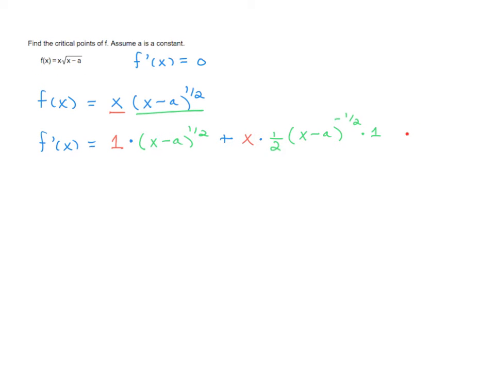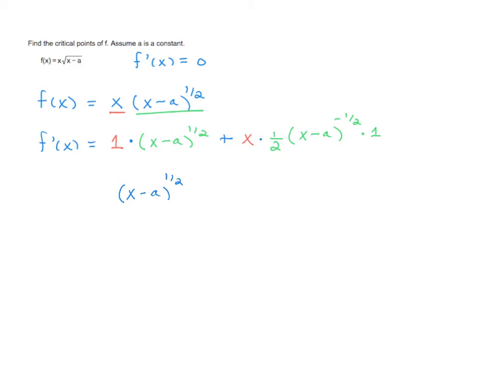To set it equal to 0, it might be a good idea to rewrite this a little bit. So I'm going to make this exponent positive instead of negative, and see how that changes things. This very first part, I don't need this 1, and I'm just going to write down x minus a to the 1/2 power. So the first is just x minus a to the 1/2.